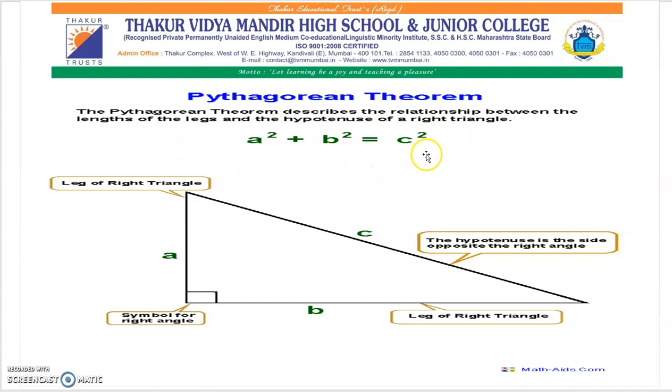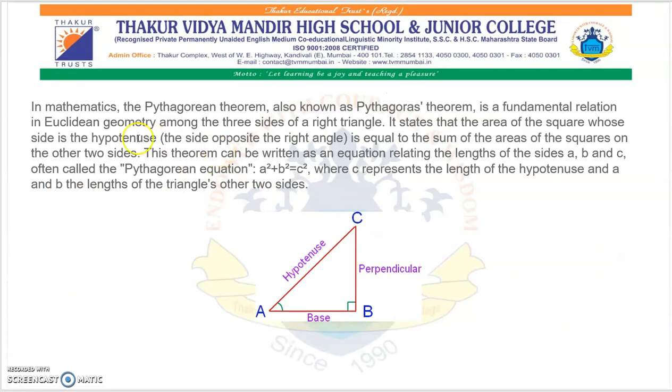A square plus b square equal to c square. In mathematics, the Pythagorean theorem, also known as Pythagoras theorem, is a fundamental relation in Euclidean geometry among the three sides of a right angle triangle. It states that the area of the square whose side is the hypotenuse is equal to the sum of the areas of the squares on the other two sides.